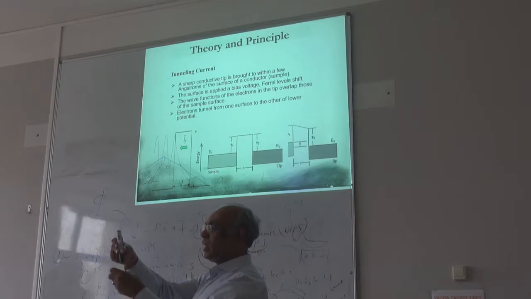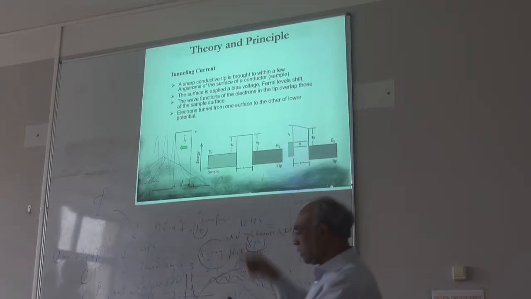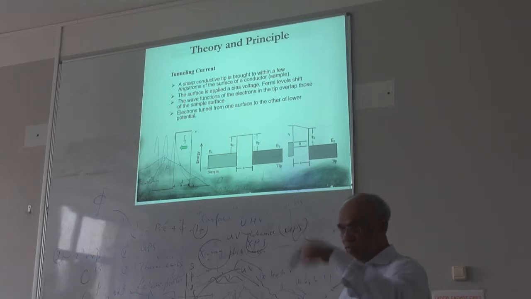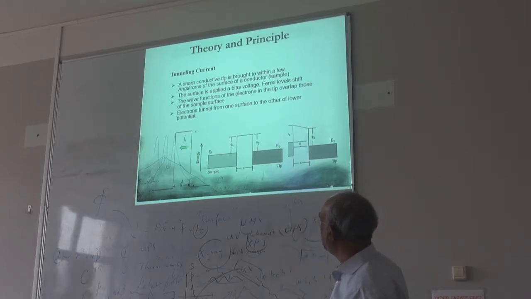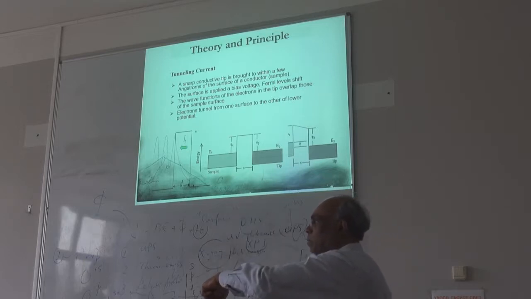When they are very close to each other, the electron wave functions overlap and electrons will tunnel from tip to the sample.